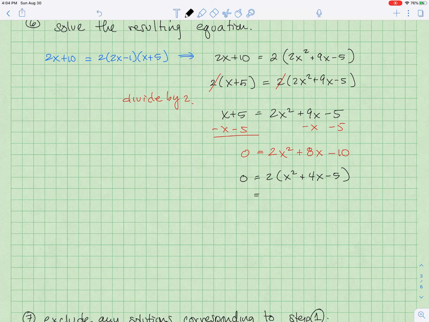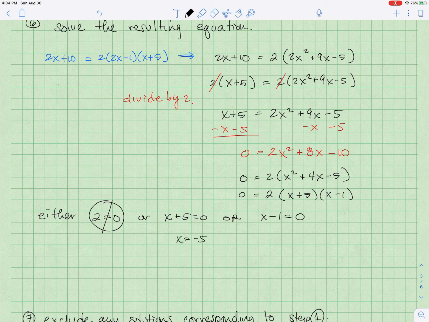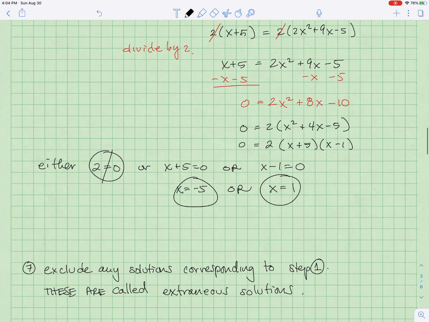And if we factor that, we have 2 times x plus 5 times x minus 1 equals 0. Using the zero product property, either 2 equals 0, but that's nonsense, or x plus 5 equals 0, or x minus 1 equals 0, in which case x equals negative 5, or x equals positive 1. And so it looks like we have 2 answers, but there's one more step.